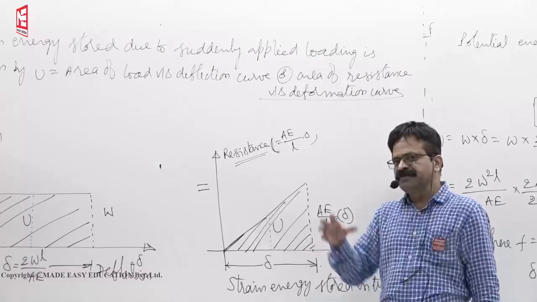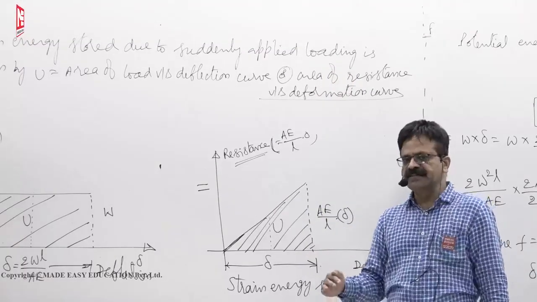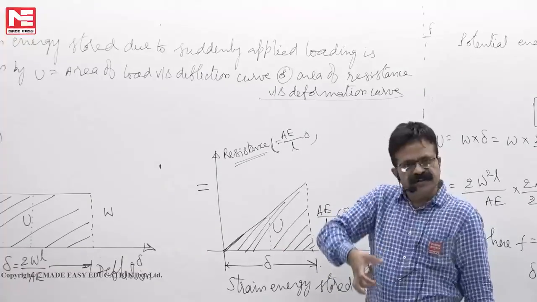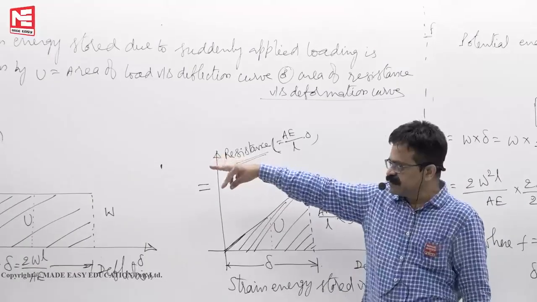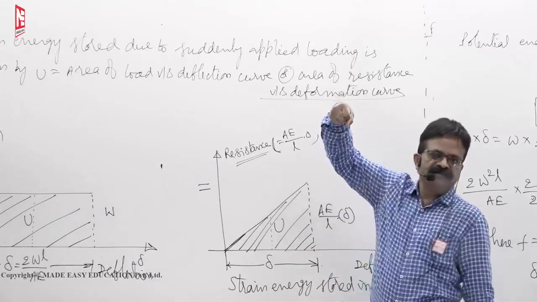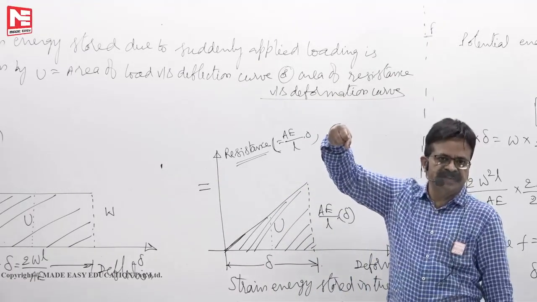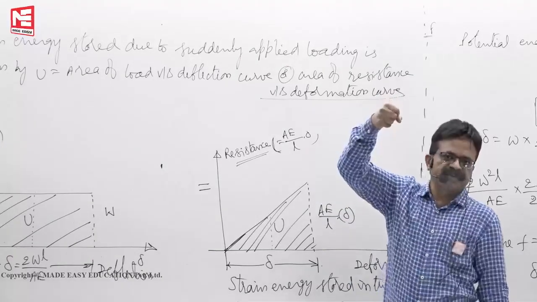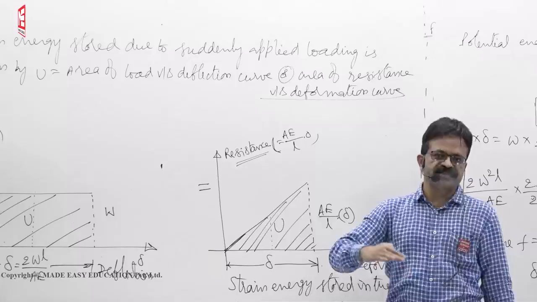Then what will happen? Because you are pulling it too much, more than WL by AE, the strain energy stored will be more, then it will pull it back. It will try to regain its original shape. In the process, it pulls the weight W up. Then the vibration starts.